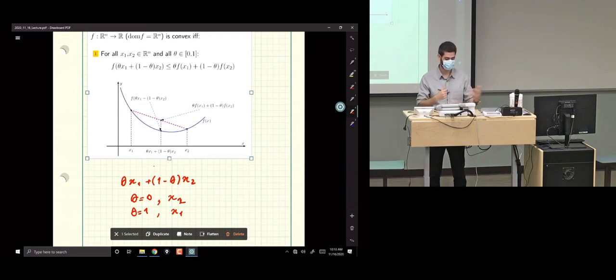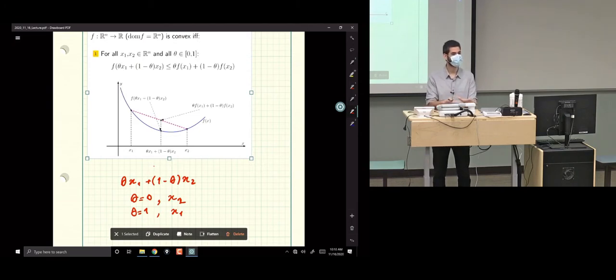And that's the line we saw there. So this means a function or a set is convex when you take any 2 points and make a linear approximation of that area by a line segment, then that remains above the function graph or inside the set. Then that's the notion of convexity.